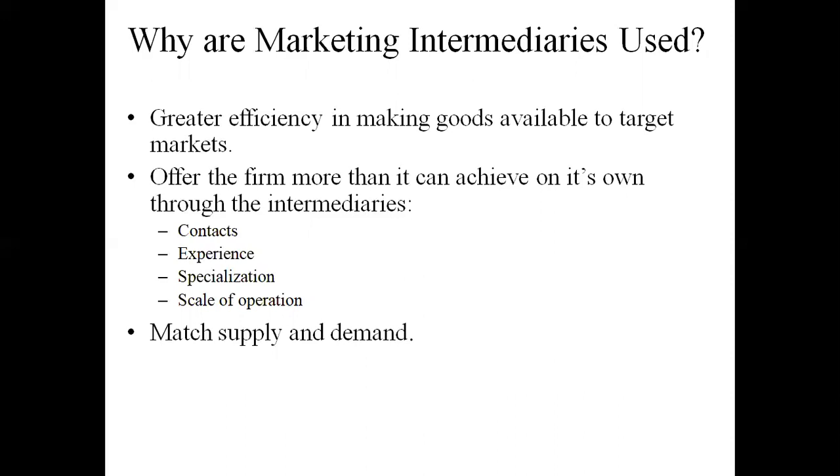So manufacturers benefit from all of this. And intermediaries match supply with demand. They tell how much demand is coming from the market, and accordingly manufacturers produce the goods. So they are the actual predictor of your demand.